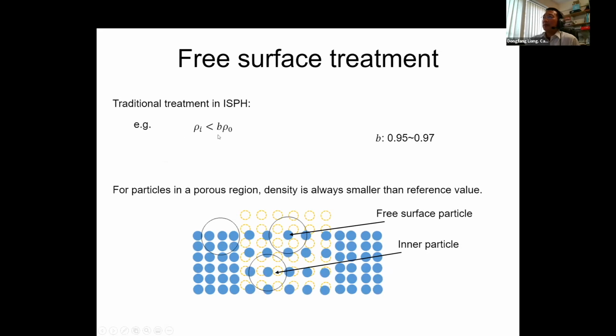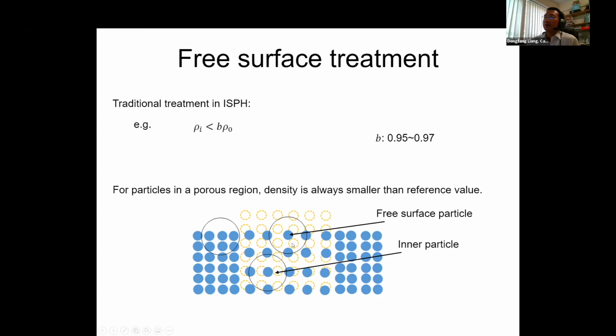And so there should also be some caution about the judgment of the surface particles for solving the Poisson equation. In the pure fluid region, it's very straightforward. We just choose a threshold value, and when the calculated density is less than this ratio times 1,000, then this particle is regarded as the surface particle.